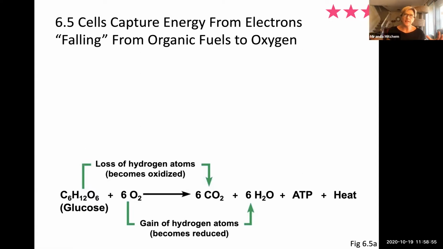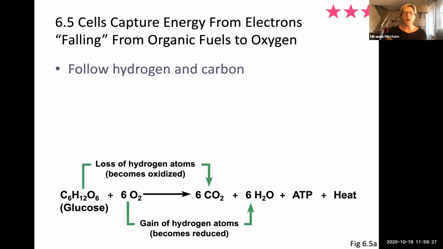So the way I like to think about cellular respiration is it's like an energy hill where the electrons fall in a very controlled way so that they come off of glucose and eventually end up at the end of the process, combining with molecular oxygen or part of molecular oxygen to make water. We'll look at that more in the next module.